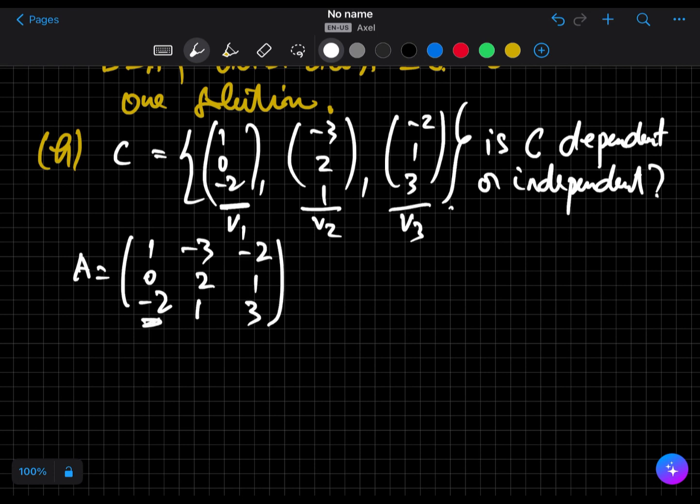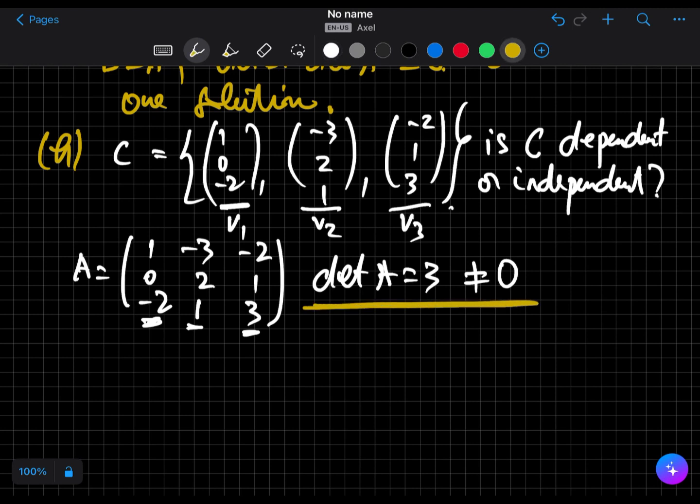So you see that V1 is this column, V2 is this column, V3 is this column. And we saw that determinant of A was 3, which is non-zero, right? It means that we can conclude that the set of vectors C is independent. Why? Because the determinant is non-zero.